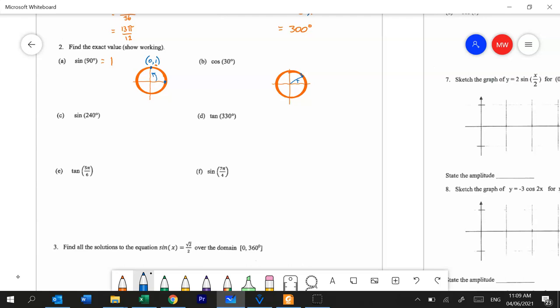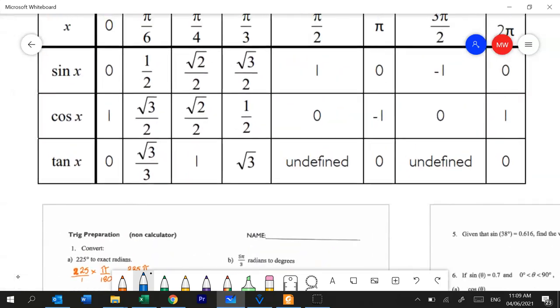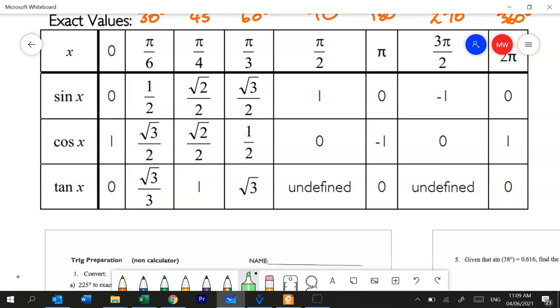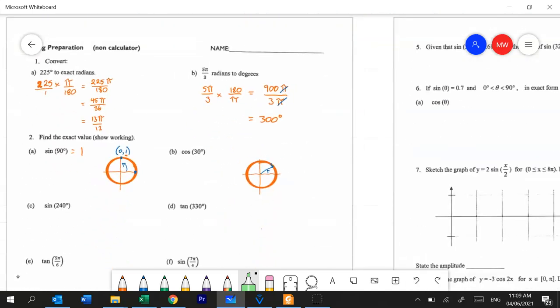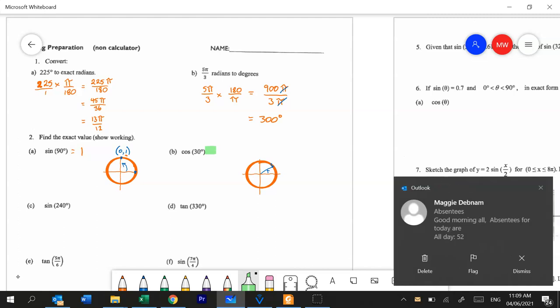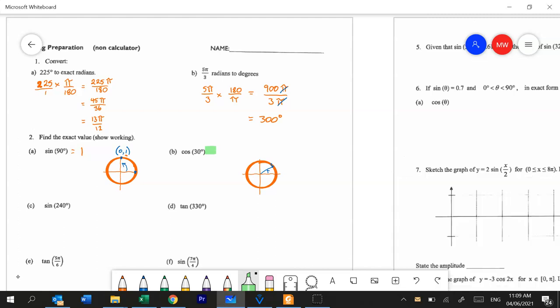Now, if we go up to our table, we can see that we've got cos 30 degrees, so it's root 3 on 2. And because it's in the first quadrant, we don't really need to do the CAST diagram, but we'll do it just to show what we're up to here. Remember, it happens in this quadrant here, so it's a positive answer. So we've answered this one.